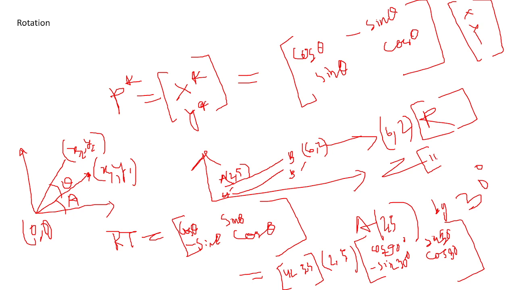So you will get 11.2, 7.3, right? So we are getting now new positions of A and B, A dash and B dash. That is it, like in rotation, right?